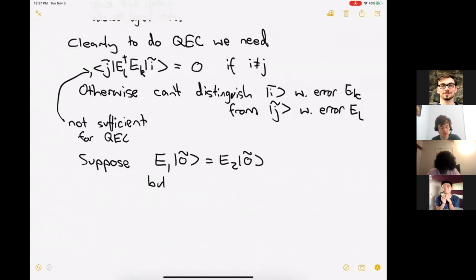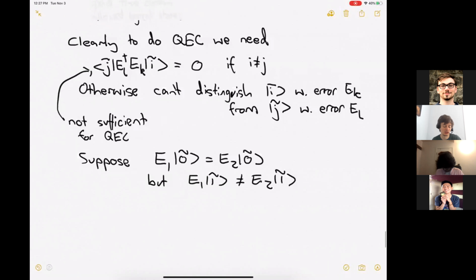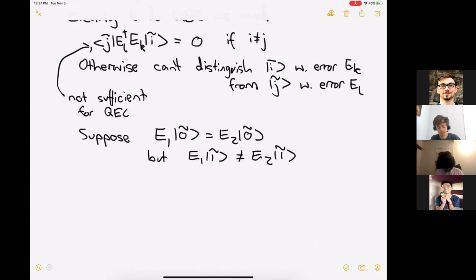But now we're also going to assume that E1 acting on the 1 tilde state is not equal to E2 acting on the 1 tilde state. Again, just an assumption.